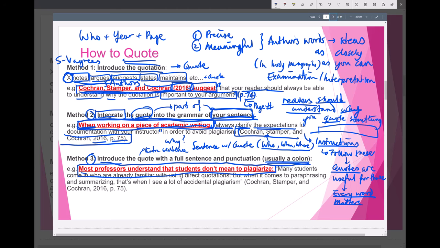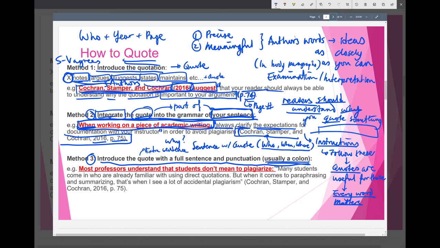Okay, then what? So the quote explains, many students who are already familiar with using direct quotations.